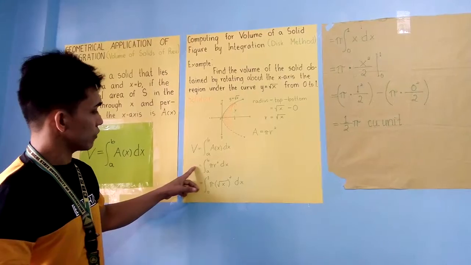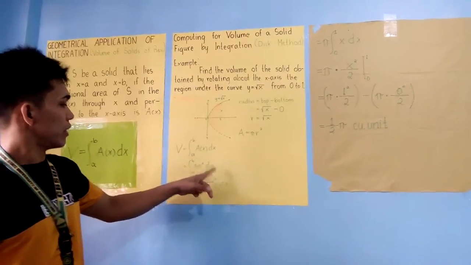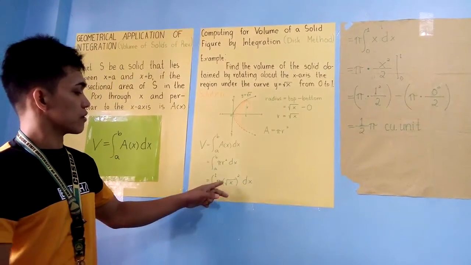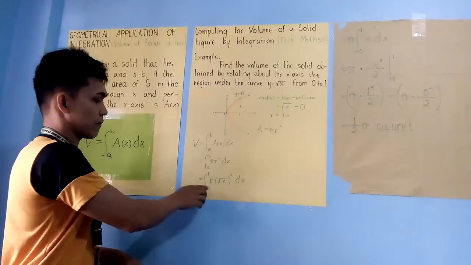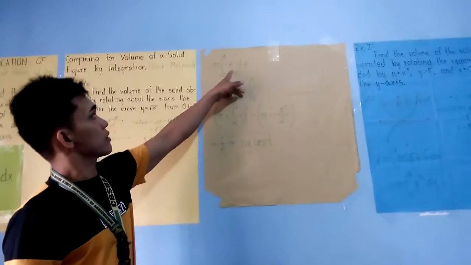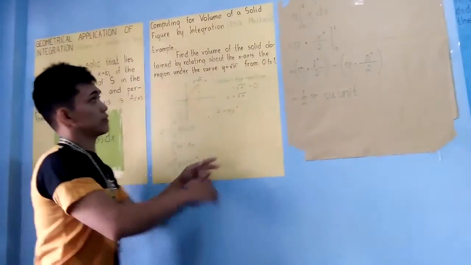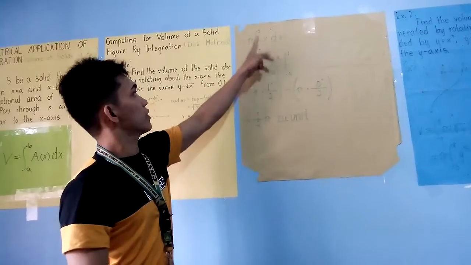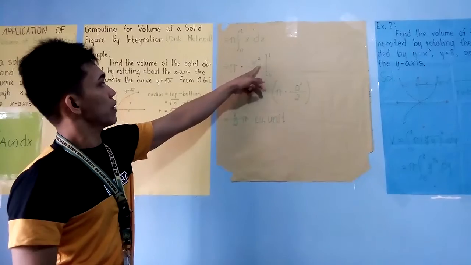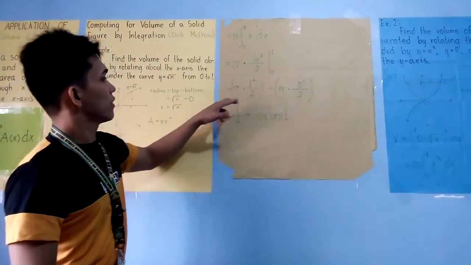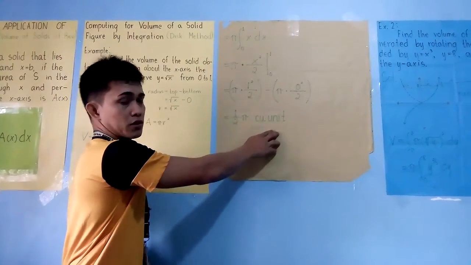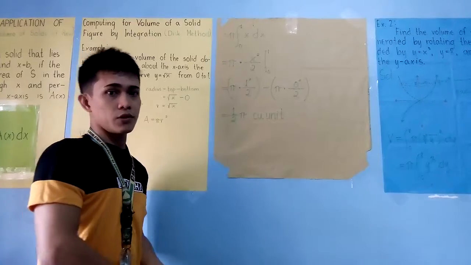Then the integration will become pi r squared dx from a to b, which is the integration of pi times the square root of x raised to 2 dx from 0 to 1, equals pi times the integration of x dx from 0 to 1, because the square root of x when you square it will become x. When you integrate x, it will become x squared over 2 times pi from 0 to 1. When we evaluate this, we get 1/2 pi cubic unit because we talk about volume.